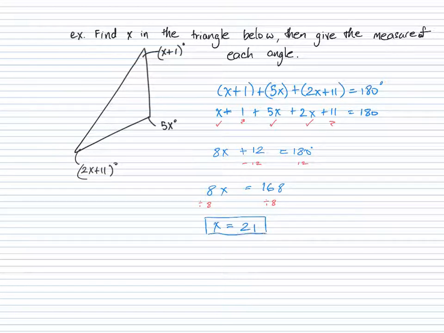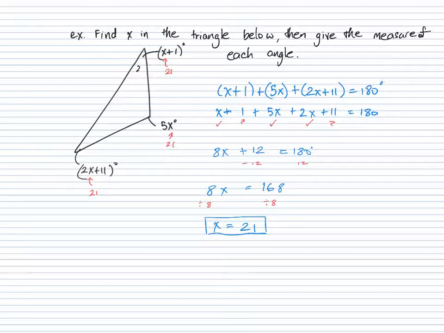But the question is not finished because it actually asks you to give the measure of each angle as well. So in this case, we're going to go ahead and plug 21 in for x for each time it shows up. And that should give you the measure of each angle. So the measure of the first angle is 21 plus 1. So the measure of that angle is 22.